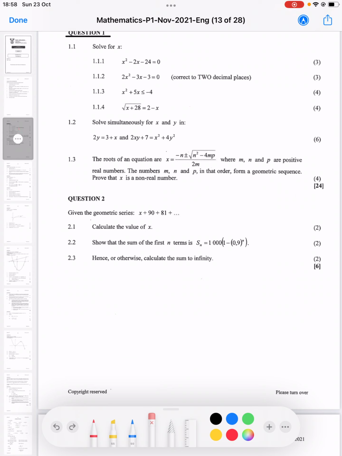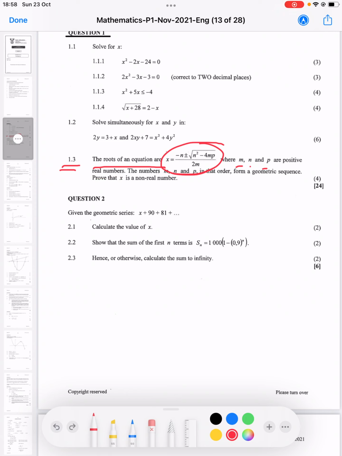So I think that last question, I'll actually explain it during the live lesson, but just to quickly read through, they say the roots of an equation are x equals 2, all of that, where m, n, and p are positive real numbers.